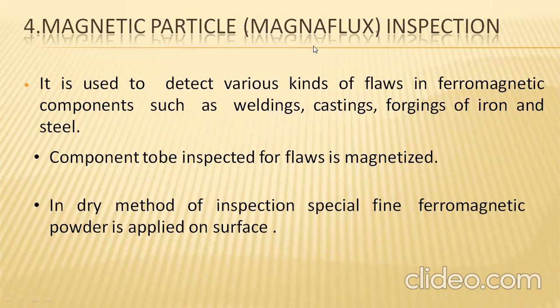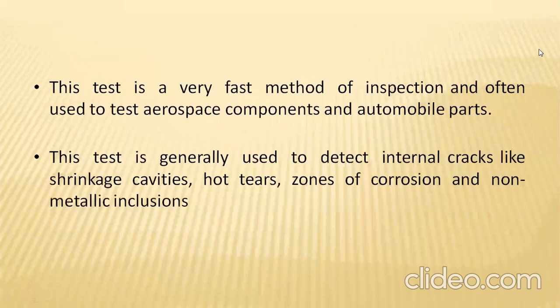In the dry method, fine ferromagnetic powder is applied over the surface of the object which needs to be inspected. Particularly, this testing process is confined to the manufacturing of aerospace components and different types of automobile parts which are utilized within the industrial sector.